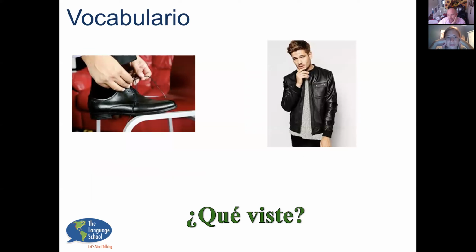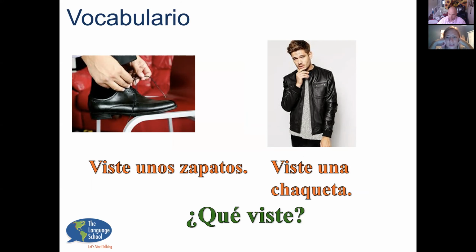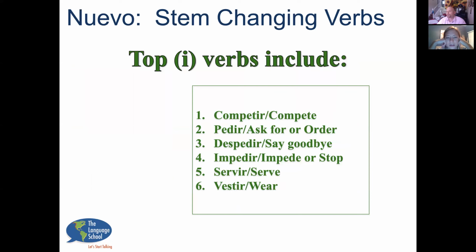A la izquierda, ¿qué viste? Él viste unos zapatos. Y a la derecha, él viste una chaqueta. Bien. So some other verbs that work this way would include the following.